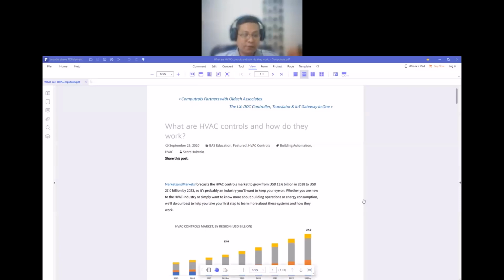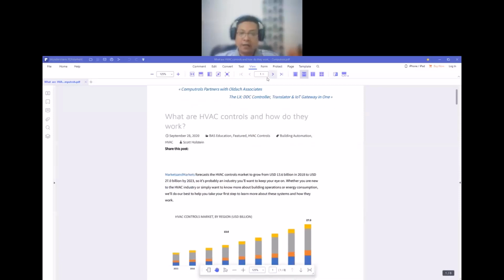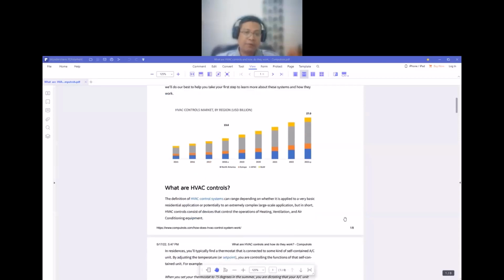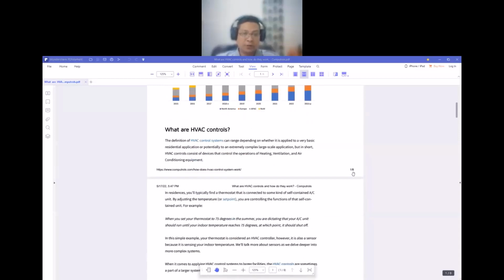Once we already design our HVAC, then we come to the period of the control system. When the HVAC already operates, we try to see how we can control the quality of HVAC. Okay, before we touch on how to control, what is HVAC control itself?